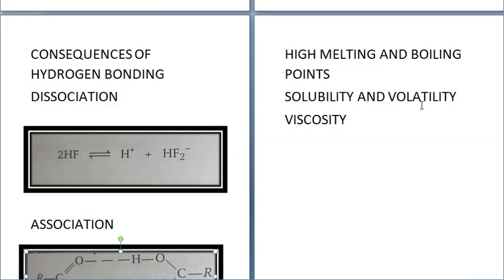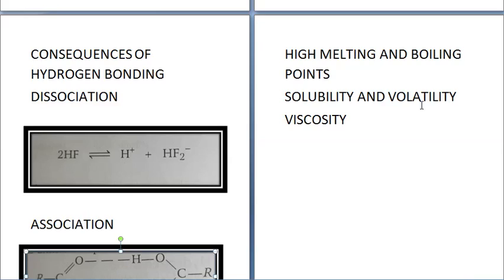See, what is the para condition? In para, the OH is at the first carbon and NO2 is at the fourth carbon. So they are far away from each other. They will not form a hydrogen bond.